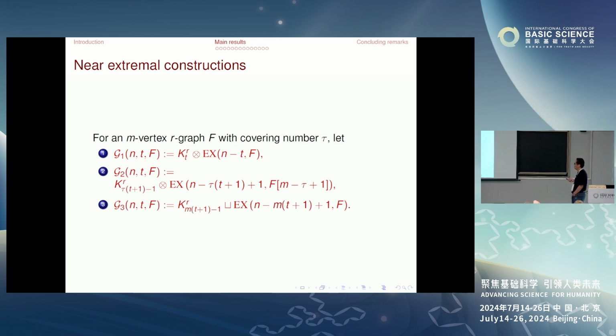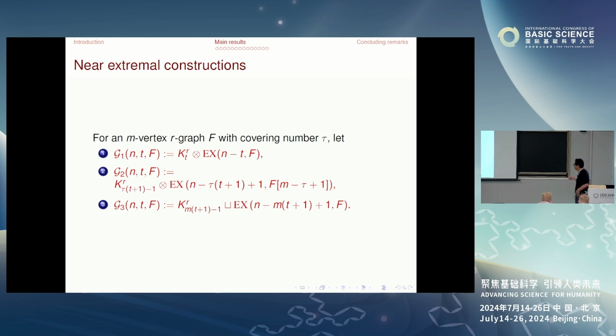Okay, we can show an example. When F is a cycle, a cycle of length 4, we mean that m equals 4 and tau equals 2. Now, this one is F_3. We mean that F_3 is just a path of length 2.